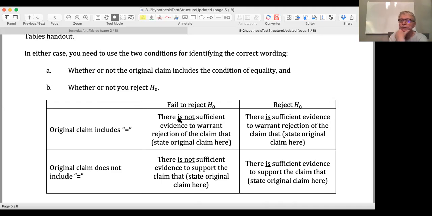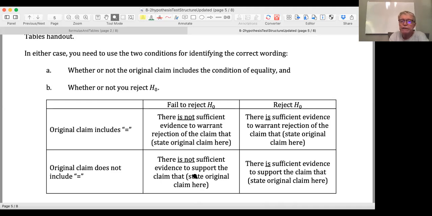Just make sure you copy it correctly from either this table or the flow chart that you have in your formulas and tables handout. And we'll take a quick look at that as soon as we go through these 4 things and look at the problems, okay? If we rejected, but the original claim includes equality, we'll say there is sufficient evidence to warrant rejection of the claim that, and then we'll state the original claim there.